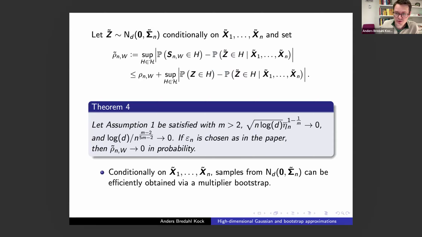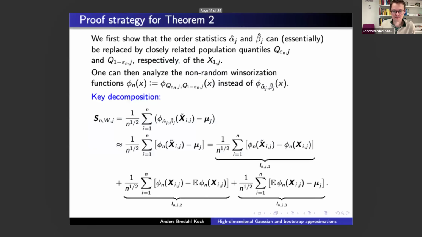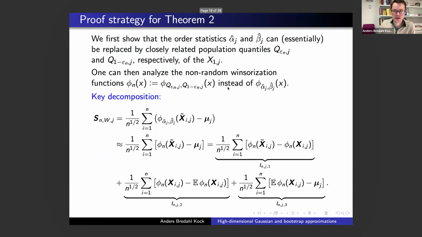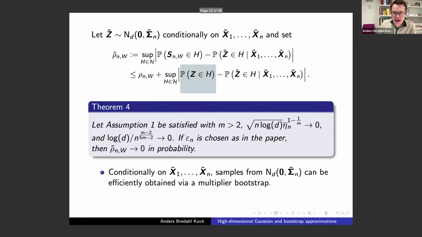What I can do is subtract the probability of S n W falling within H compared to the probability of Z falling within H, which is exactly rho n W, recalling my definition of rho n W. Then I add back this probability of Z falling within H. So I subtract and add this probability here.